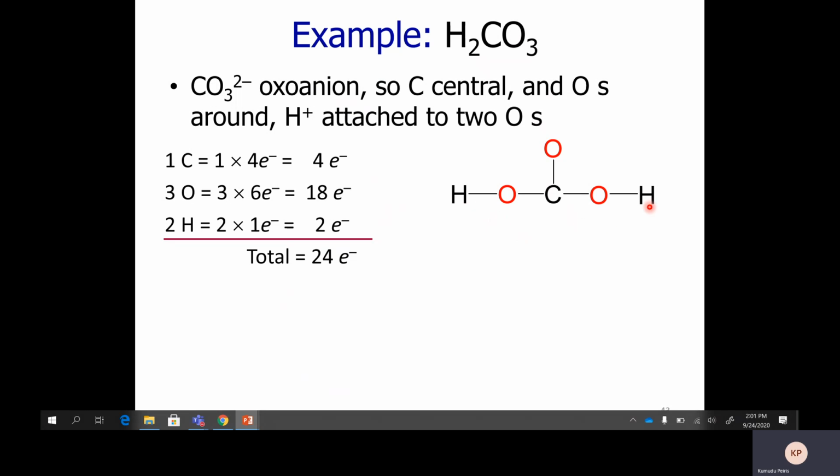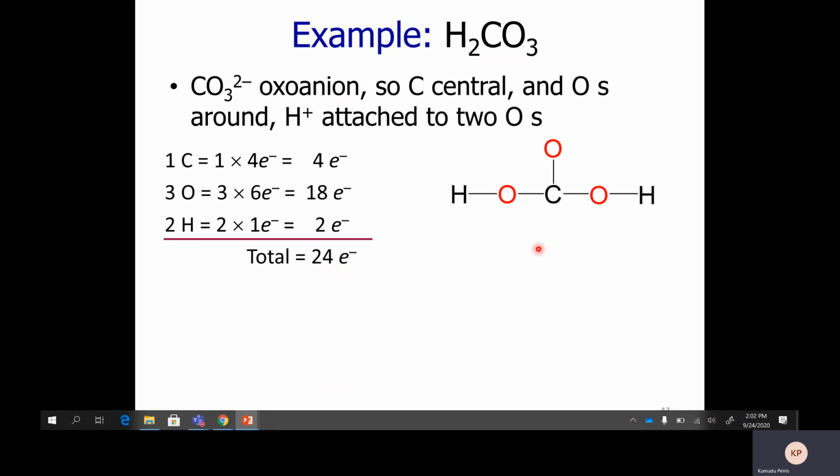There are 2 hydrogens. One hydrogen has 1 valence electron, so 2 hydrogens add 2 valence electrons. 4 plus 18 plus 2 gives us a total of 24 valence electrons in this molecule.